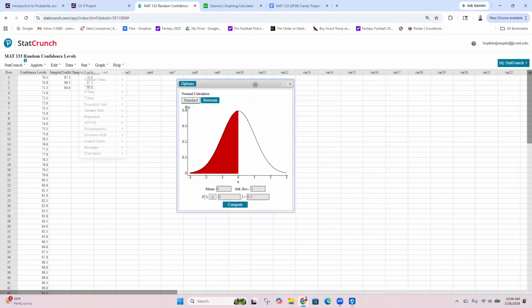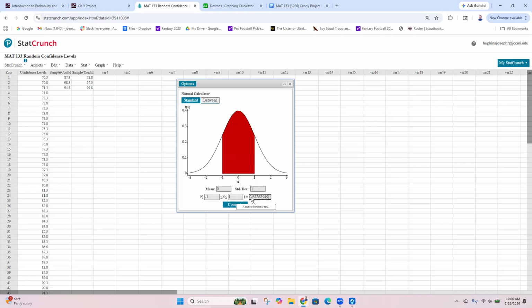I want to find the z values when the red shaded area is my confidence level. So I'm going to switch to Between and put in my confidence level, which for me was 87.3%.